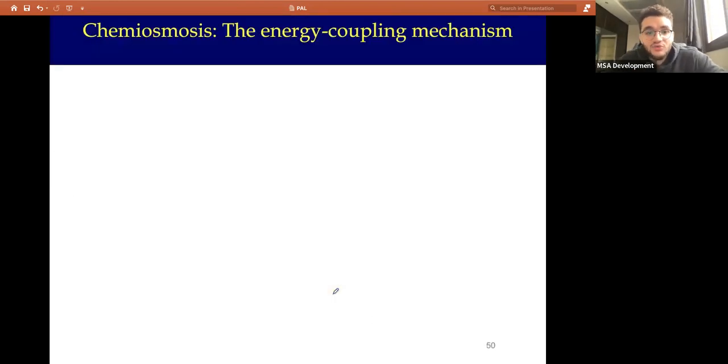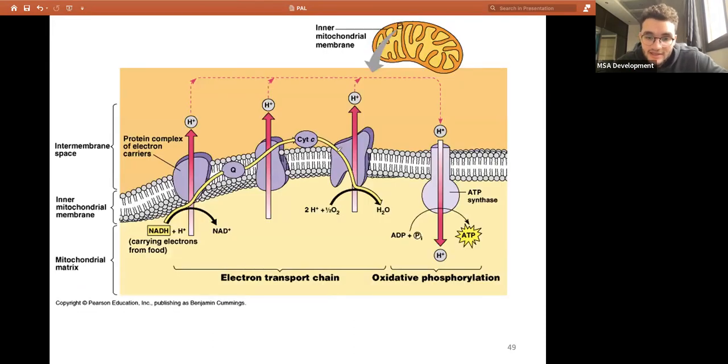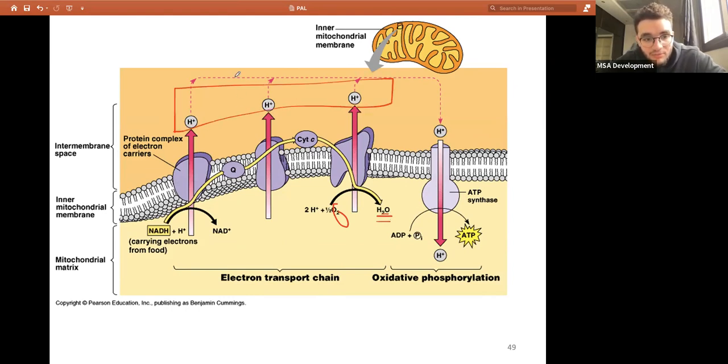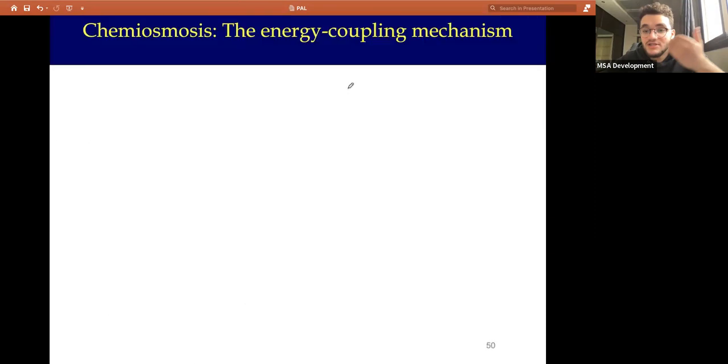And now, we said that complexes 1, 3, and 4 pump protons, and the electron is transported through the enzymes, and then it's going to be accepted by O2 to form H2O, or water. So as a result, what's going to happen? We have a lot of protons. You're going to pump your protons here, and these protons are going to form a concentration gradient.